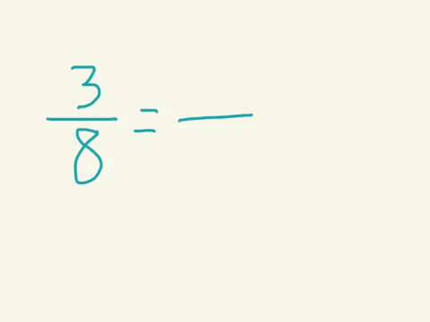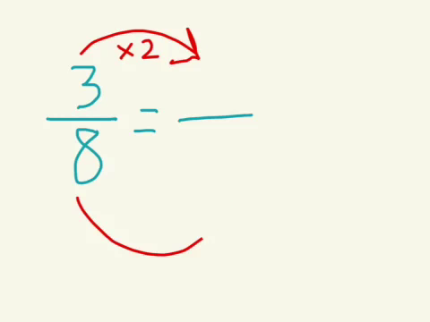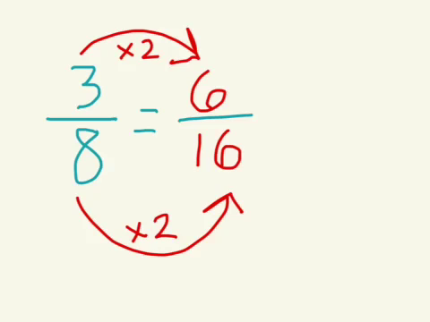Well, one thing that you could do would just be to multiply by 2. We can all do our 2's. Three times 2 gets us 6. And 8 times 2 gets us 16. So 6/16 would be an equivalent fraction for 3/8 by using multiplication.